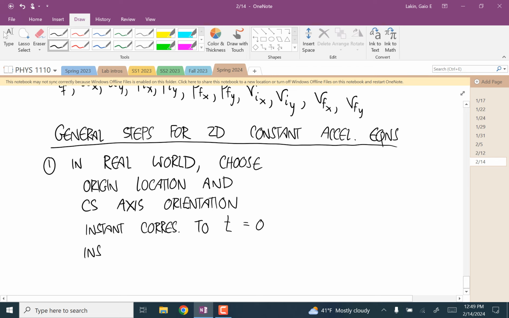And an instant corresponding to time final. Okay, so these are really the same 4 choices you made in 1 dimension. Except instead of a 0 position, you have a coordinate system origin. Instead of a positive direction, you have an axis orientation.